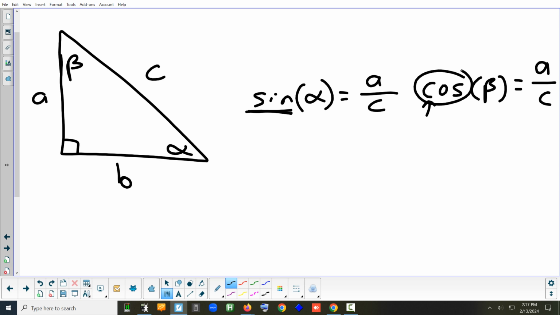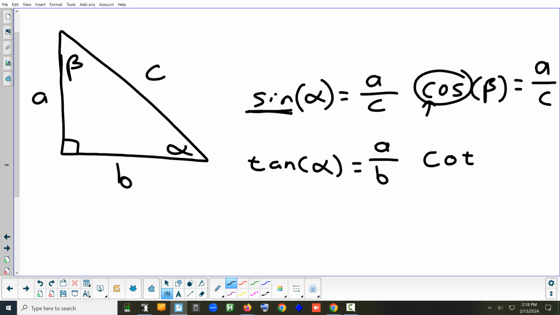Let's do another one. Tangent of alpha. Tangent is opposite over adjacent. Now, instead of doing the tangent, let's do the tangent of the complement. Call that cotangent. Cotangent stands for the complement of tangent.